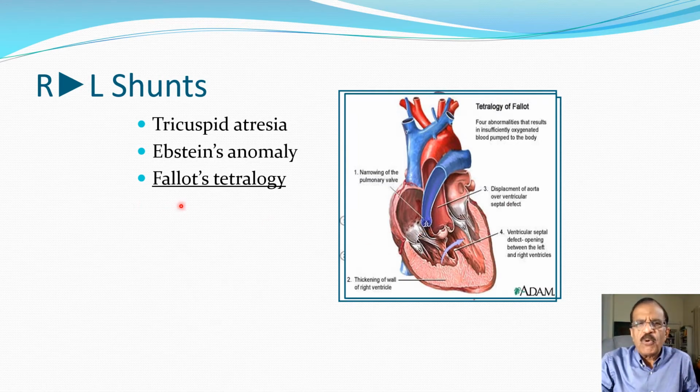Third and the most important condition is Fallot's tetralogy, and there are actually four defects in this, and this is most compatible with adult life. So if you see a blue baby or a blue child, a blue grown-up person, it is most likely that that person has got Fallot's tetralogy rather than any other condition, because this is most compatible with adult life.